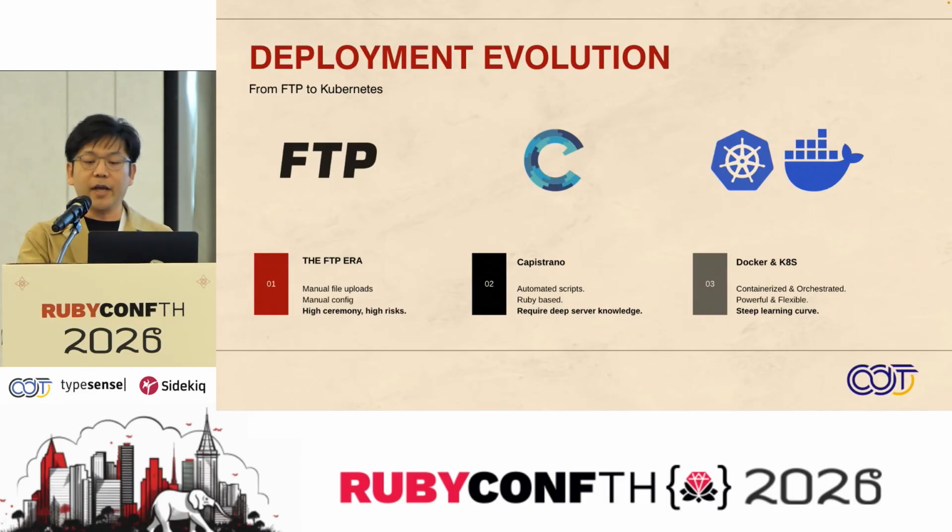If you are big, that's fine. Having a platform team is great. We have one. But if you are a small product team or a company with a modest ops budget, jumping straight from Capistrano to full Kubernetes can feel like going from riding a bicycle to flying a commercial airplane.